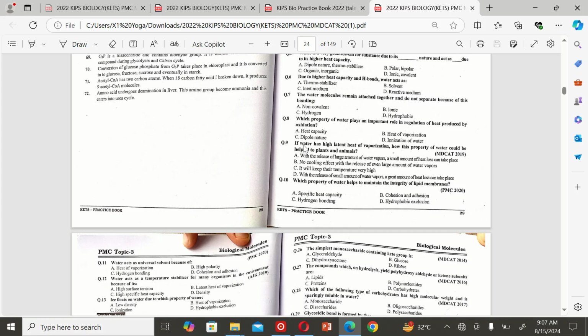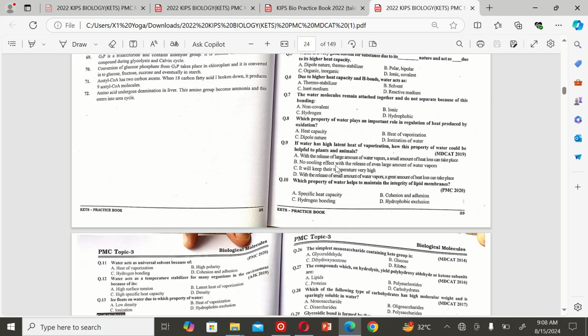Heat of vaporization. The next MCQ is: if water has high latent heat of vaporization, how could this property of water be helpful to plants and animals? A. With the release of a large amount of water vapors, a small amount of heat loss can take place.